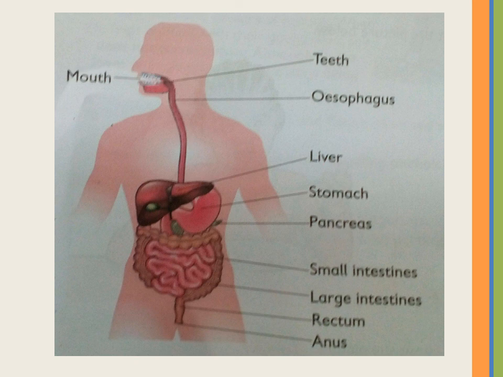The parts that make up the digestive system are the mouth, teeth, esophagus, liver, stomach, pancreas, small intestine, large intestine, rectum, and the anus.